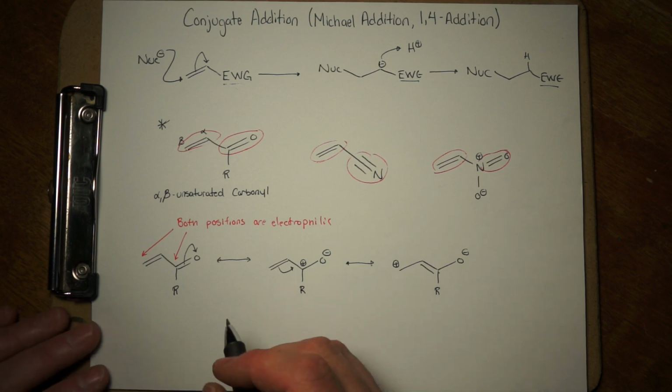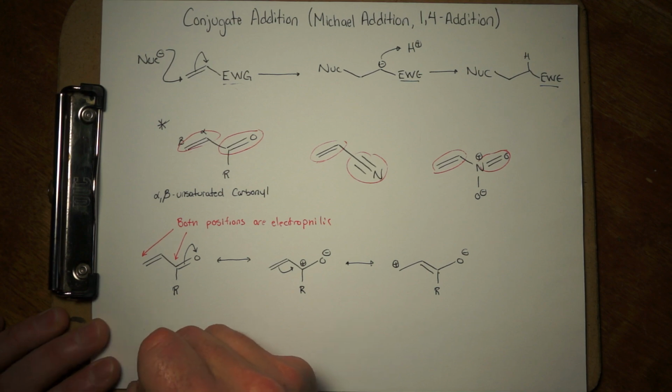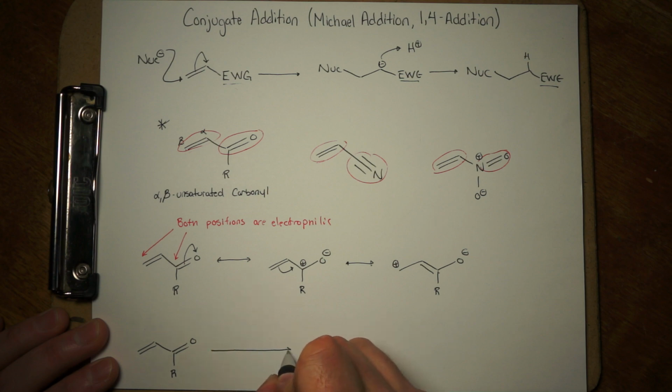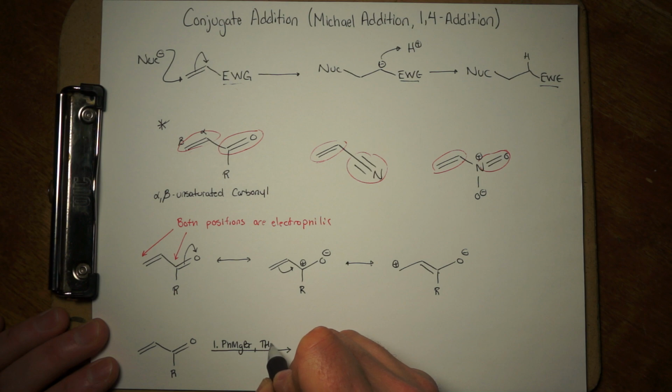Now, when we add a nucleophile to an alpha-beta unsaturated carbonyl, say we want to do a Grignard reaction. So we'll add phenyl Grignard and then work up the reaction with water.